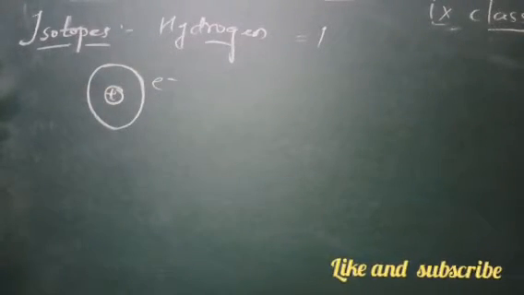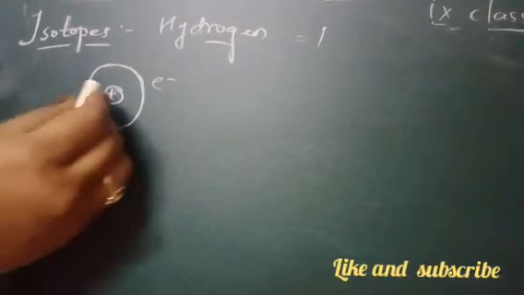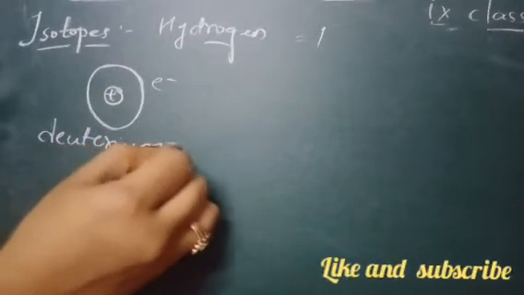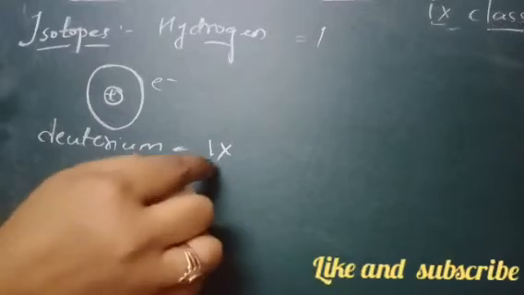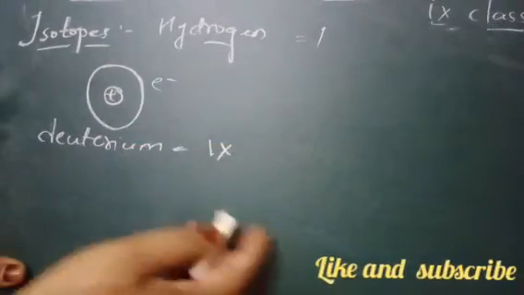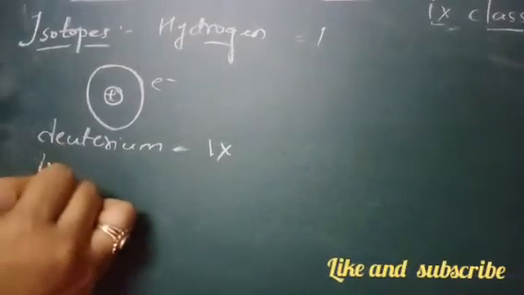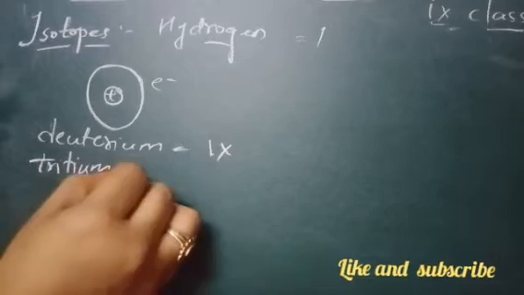right? But the number of neutrons present in the hydrogen atom is not the same in all cases. Okay, if it is deuterium, then the number of neutrons here is different. It is not having 1. Okay, it is having more than 1. If it is tritium also, the number of electrons is the same, but the number of neutrons is more.